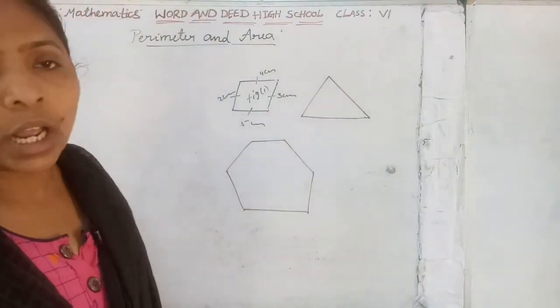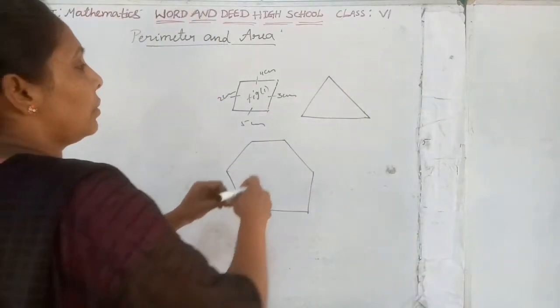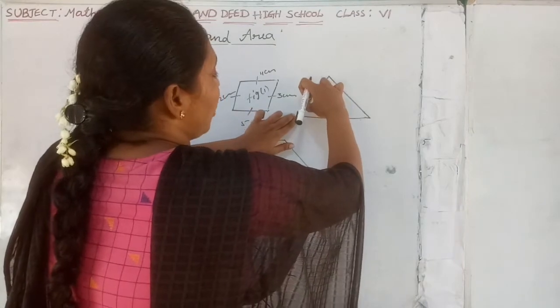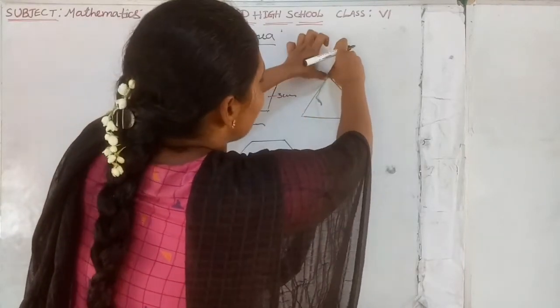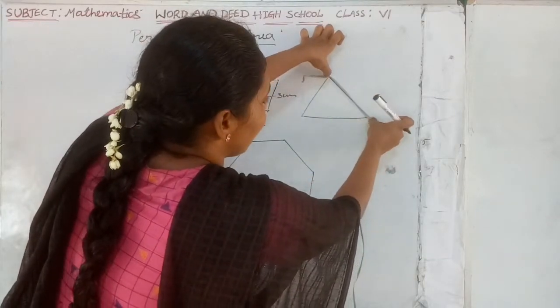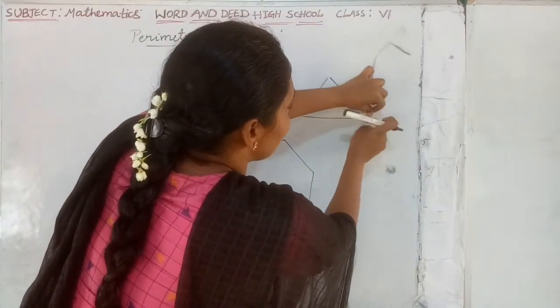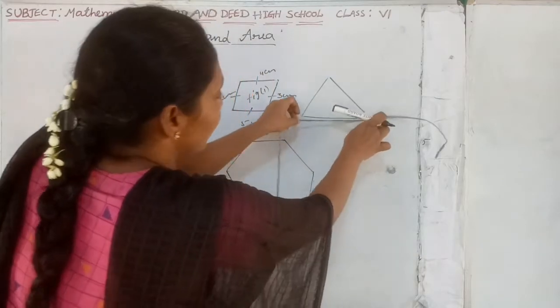Suppose this figure, how can you find the perimeter, children? First, take any one point and measure from there to here. Next, here to here length we can measure. Next, here to here.